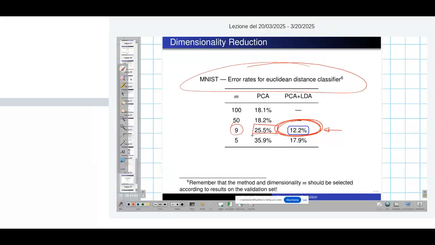And notice that it's even better than what I had with the original Euclidean classifier. So I was able to identify directions and transformed points such that the Euclidean classifier, using just those 9 directions, provides better results than a Euclidean classifier trained over the original features only.